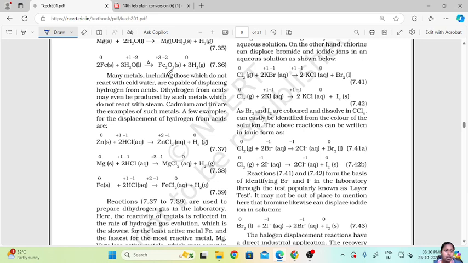Many metals, including those which do not react with cold water, are capable of displacing hydrogen from acids. Dihydrogen from acids may even be produced by such metals which do not react with steam.